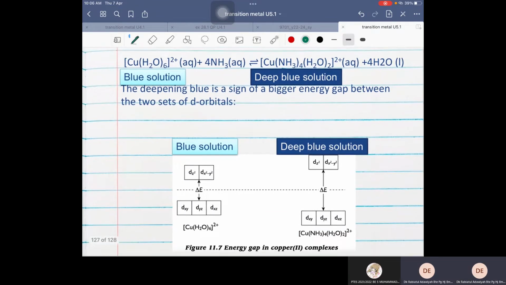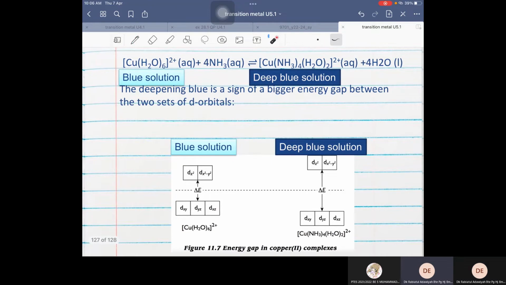So what happens is, because water as a ligand will only cause your delta E to split by a small amount. Okay, we're just looking at it qualitatively, right? We don't have to look at the numbers. Whereas ammonia, now that you have ammonia in your complex, will cause the splitting energy to be bigger. So that's why the color also changes, because the frequency of light being absorbed in order for promotion of electrons to happen will also be different. Okay?